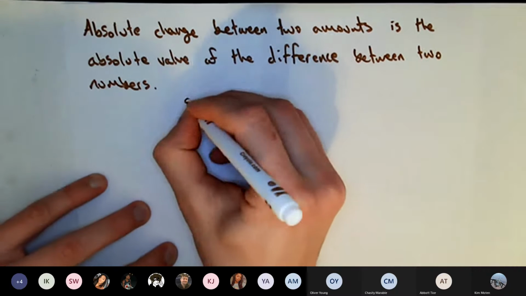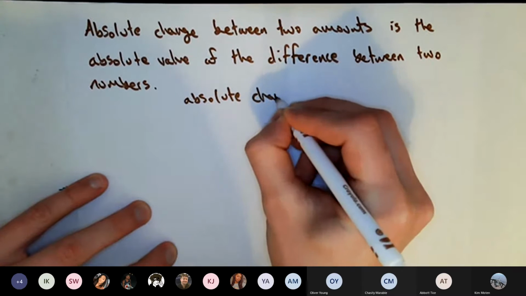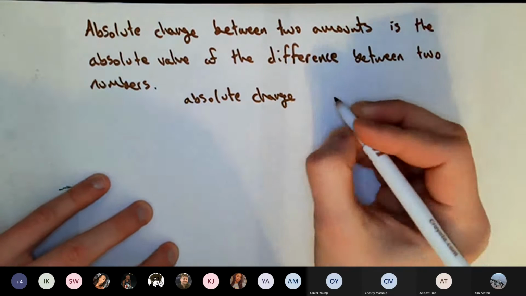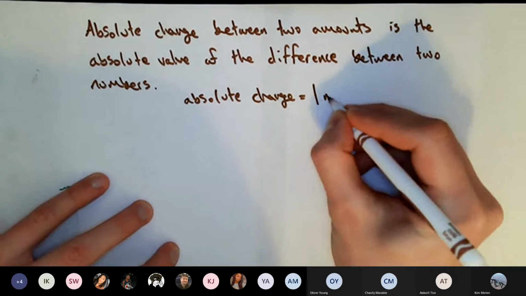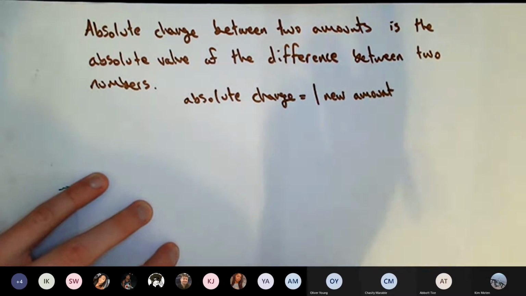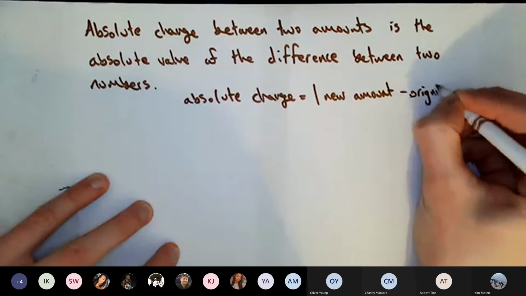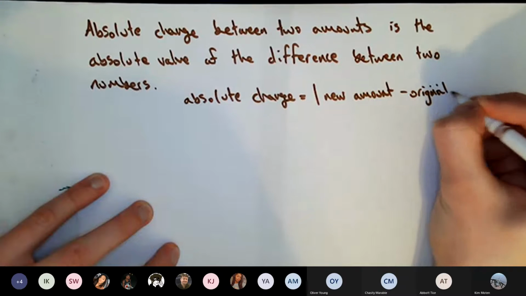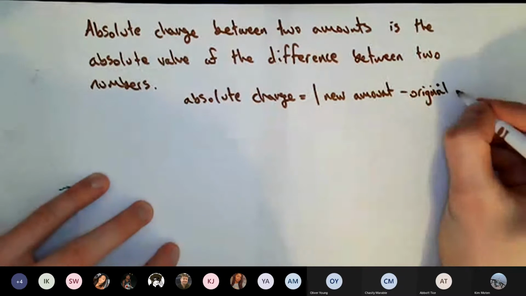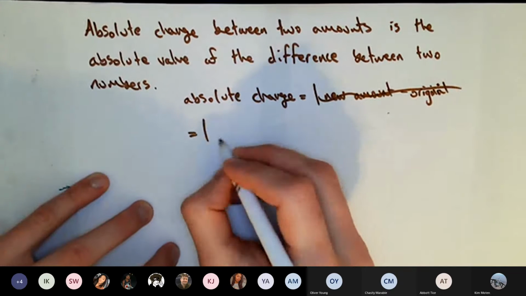If you really want an explicit formula, not just in words, the absolute change is the absolute value of the new amount, which in the last problem would have been 60, minus the original amount. Let me write it down here so I give myself more room.